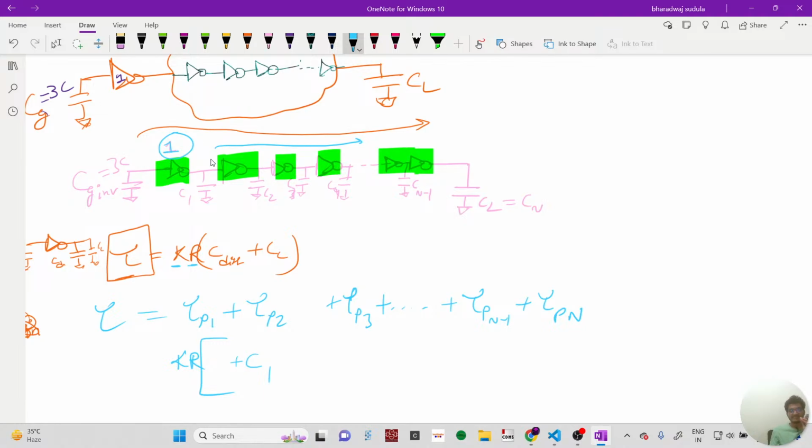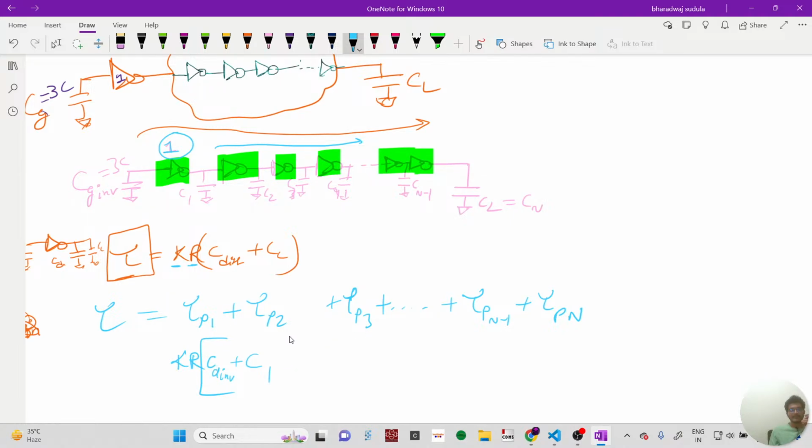It's just a basic standard inverter. So we can say that the diffusion cap of this inverter is C diffusion of inverter. This is the basic one.